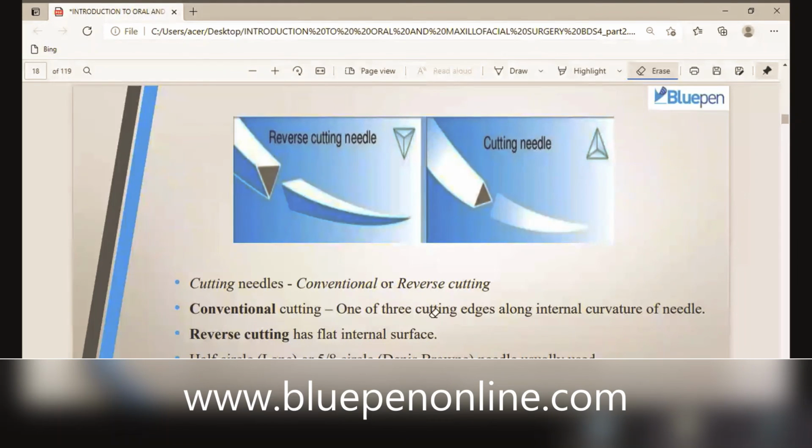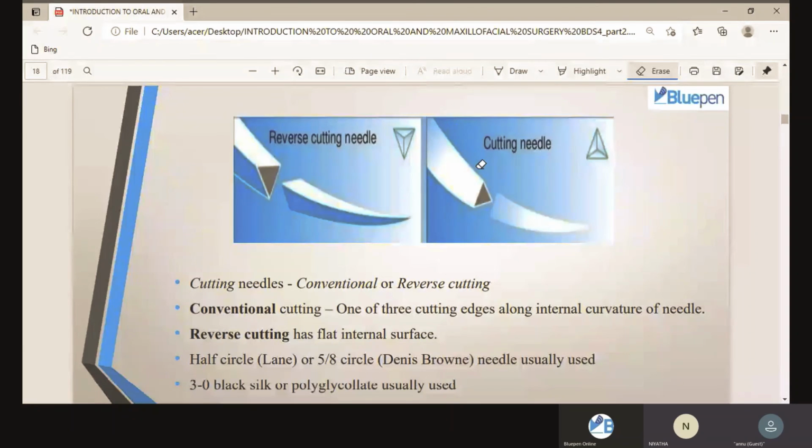Conventional cutting or cutting needle has one of the three cutting edges along the internal curvature of the needle. This is known as the internal curvature, the internal portion. And for a conventional cutting needle, the edge is along the curvature.